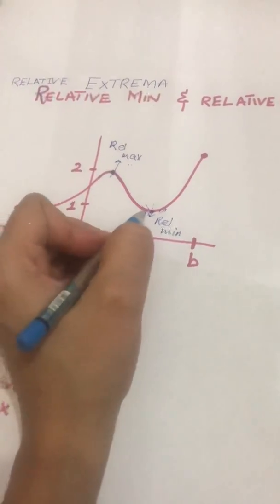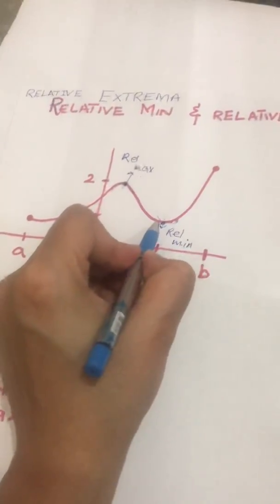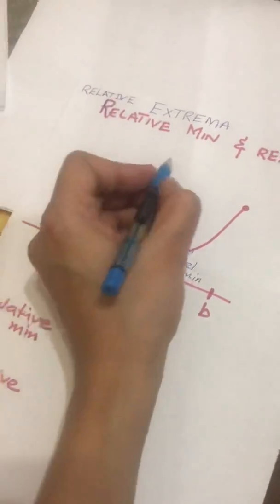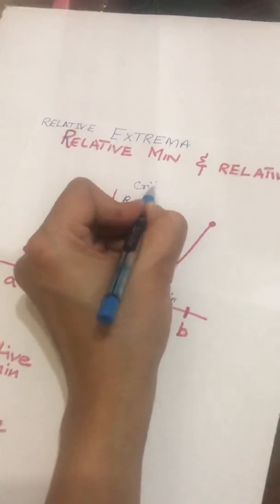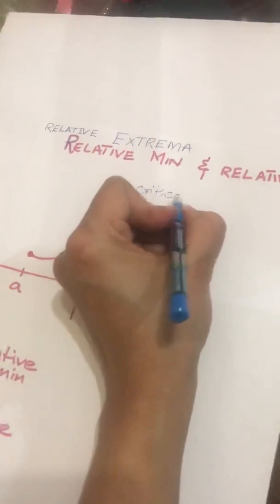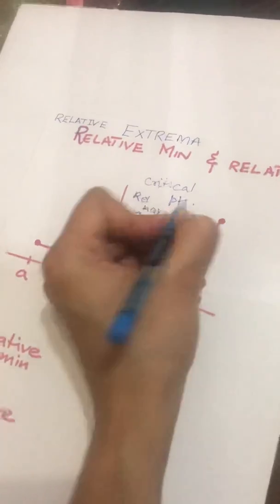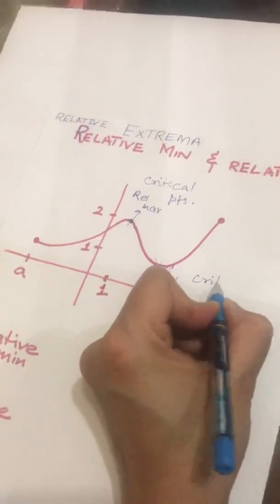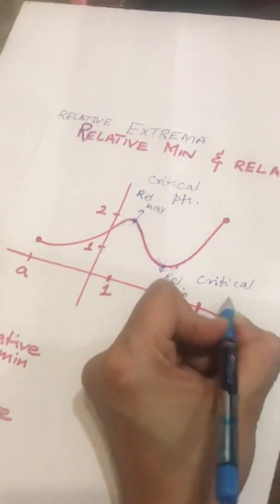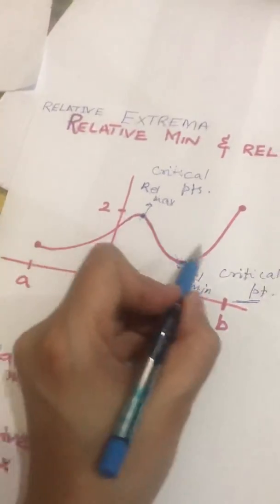Now these two points, relative maximum and relative minimum, are collectively known as the critical points, meaning they can also be termed as the critical points or the critical numbers. Now let's understand what the behavior of the graph is at these points.